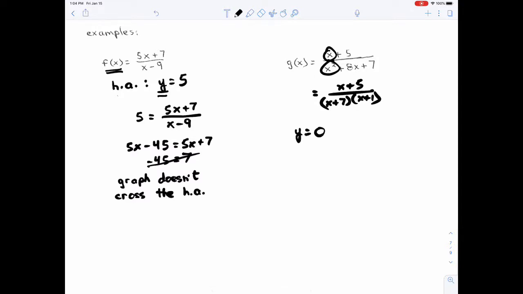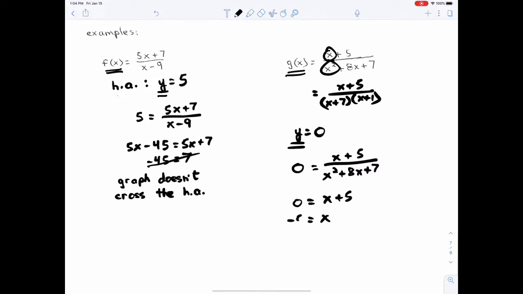We take 0. Remember, this is y and this is y. So we take 0 and set it equal to x plus 5 all over x squared plus 8x plus 7. And now it's a fraction. We multiply both sides by the lowest common denominator, and you get 0 equals x plus 5. And x equals negative 5.